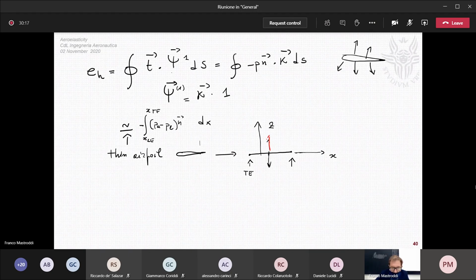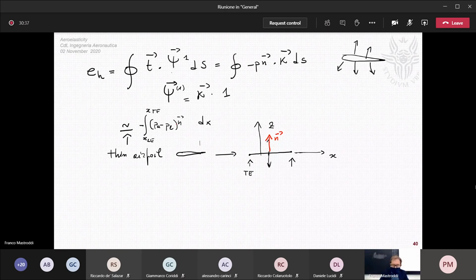Writing upper minus lower, you are considering in one shot upper and lower point at the same x coordinate.